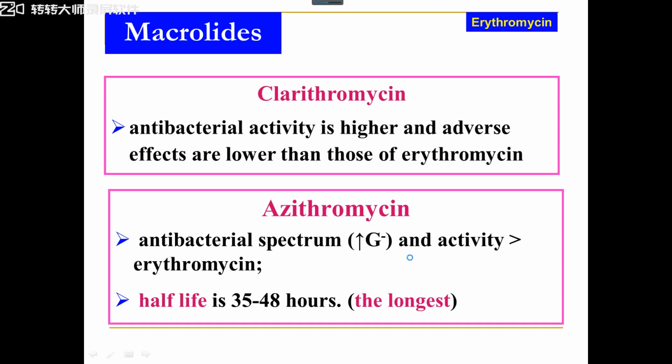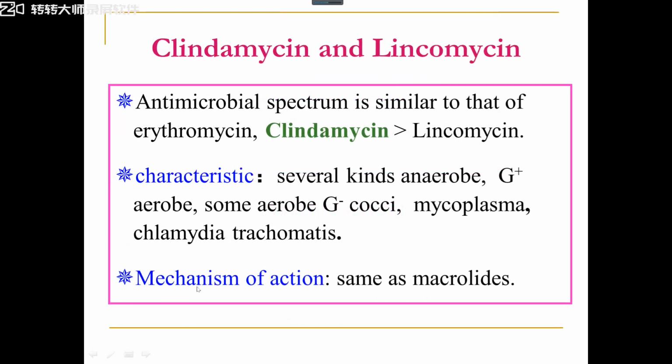Okay, just now we studied azithromycin, erythromycin, and clarithromycin. Except these drugs, in clinic we also use another two drugs: clindamycin and lincomycin. These two drugs have an antimicrobial spectrum similar to that of erythromycin and azithromycin. Clindamycin is more powerful than lincomycin.